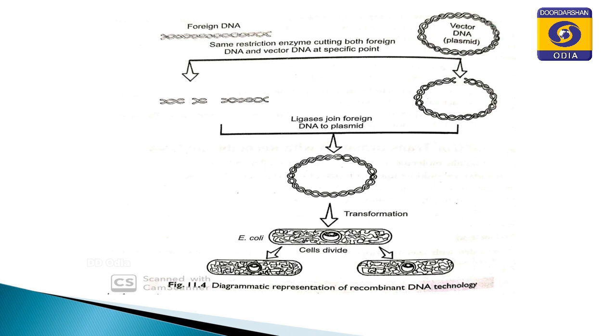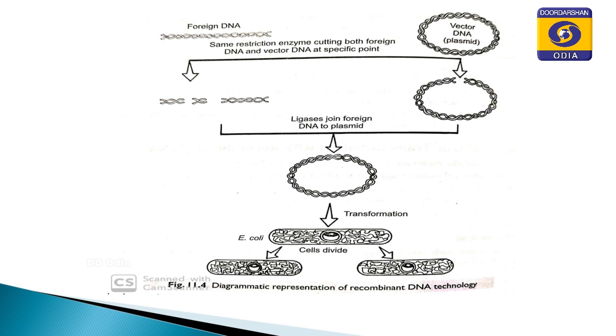Then we have the pieces of the genes on both the sides, on the foreign DNA as well as the vector. So, the vector will have an opening and the foreign DNA will have the similar structure, so that this will come and fit in the opening, and then again this is reconstructed with treatment of ligase.